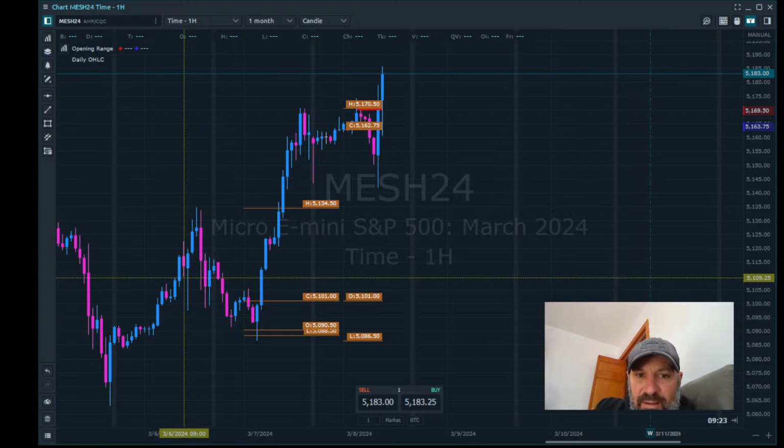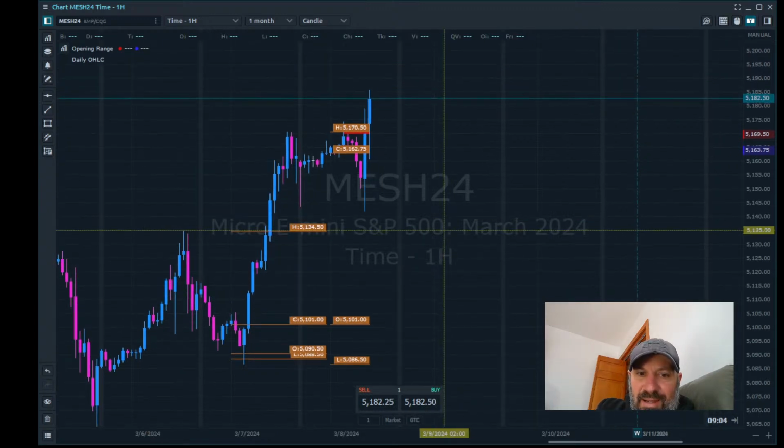It only goes back like 3 days, but I just wanted to show you guys that because of where we've come from and where we could go, you can kind of see how we're extended past what I would consider a normal rotation in the S&P 500, which is about 21 points.